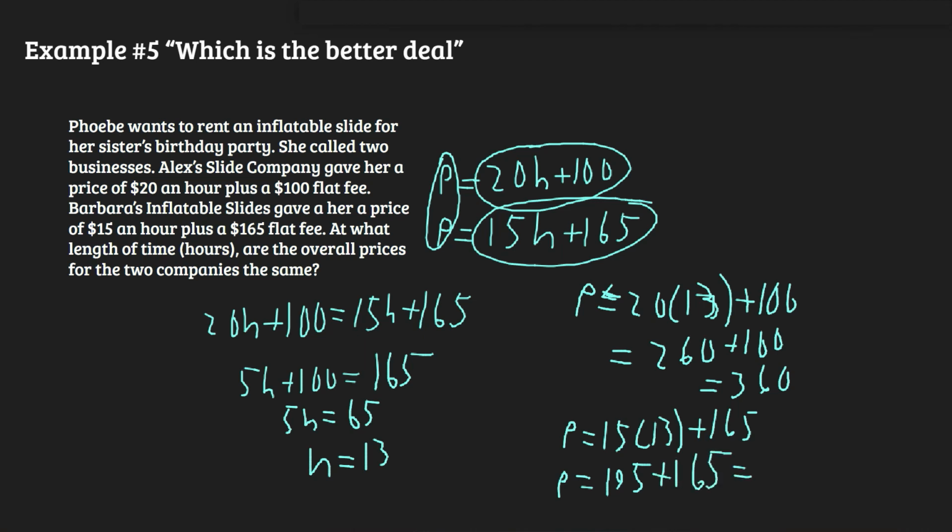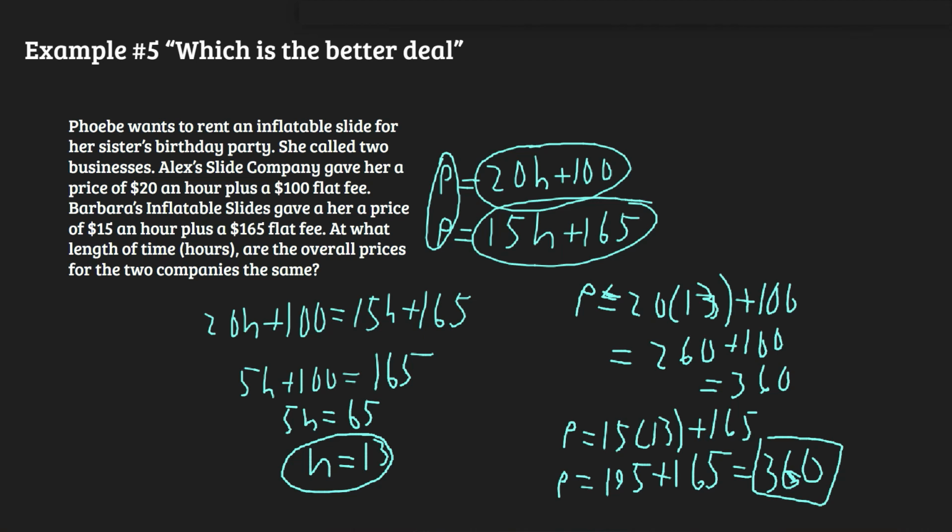And 195 plus 165 is equal to 360. So I know that at 13 hours, the prices for the two companies are going to be the same, and the price for the two companies is going to be $360.